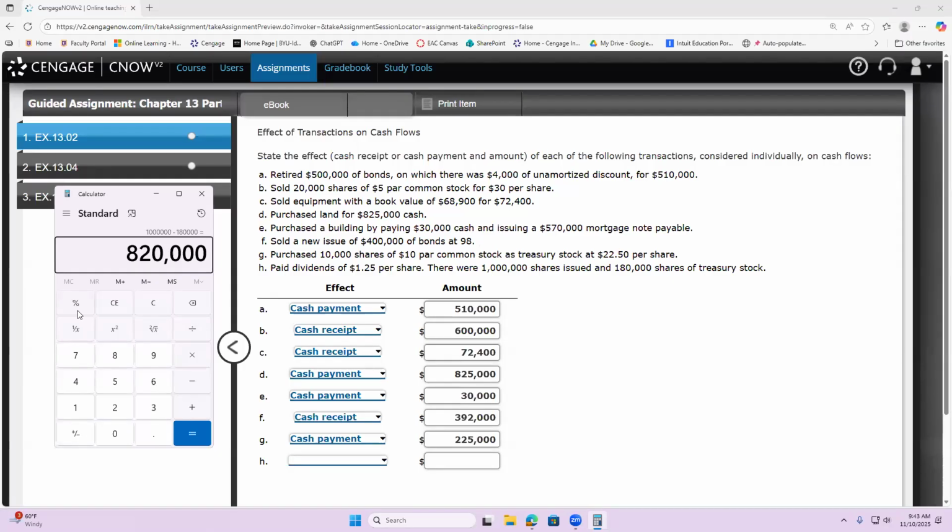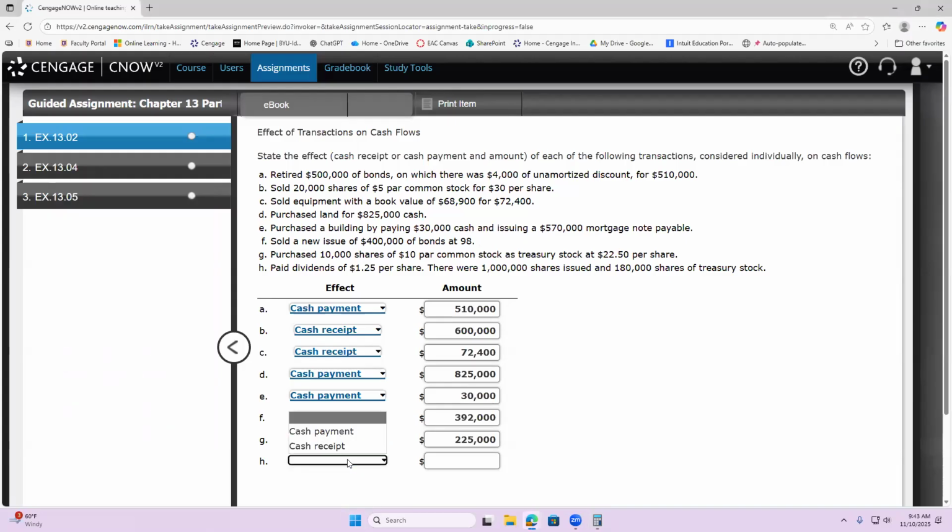And then I'm going to multiply that by $1.25, because we're paying dividends of $1.25 on each outstanding share. And that gives me 1,025,000. That's a cash payment, 1,025,000.